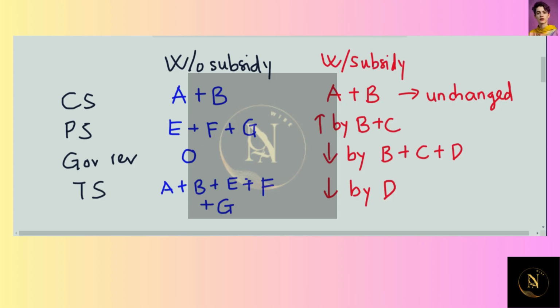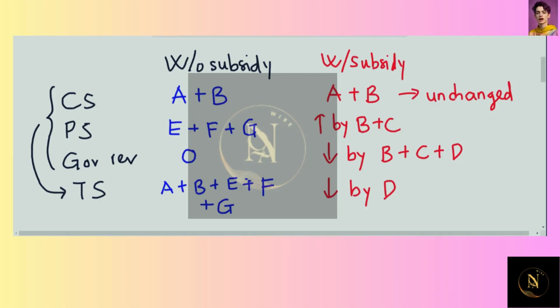So based on what we have seen here. All right, so I must make an amendment. Total surplus is the sum of consumer surplus, producer surplus, and government revenue.